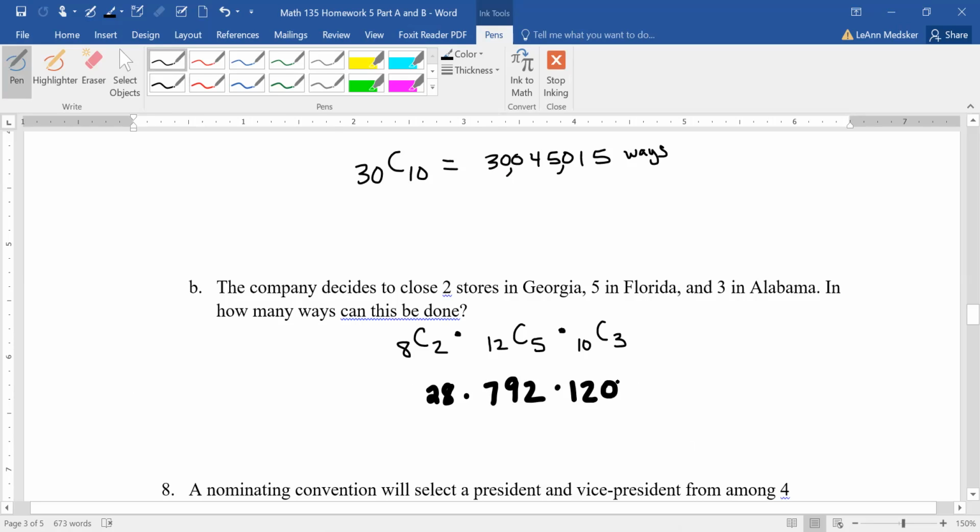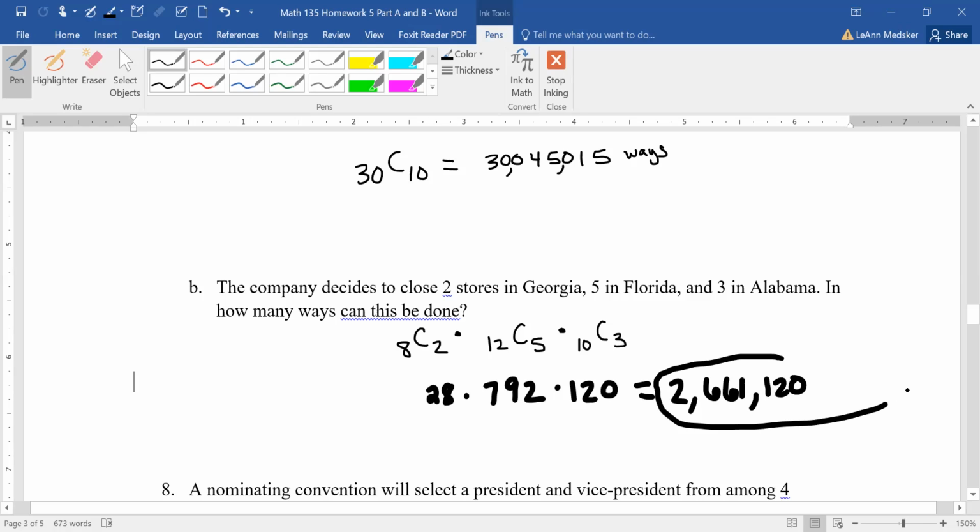So if we multiply those together, that is 120 times 792 times 28. That's 2,661,120 different ways. So lots of different possibilities there.